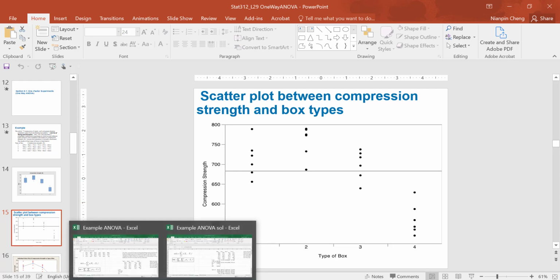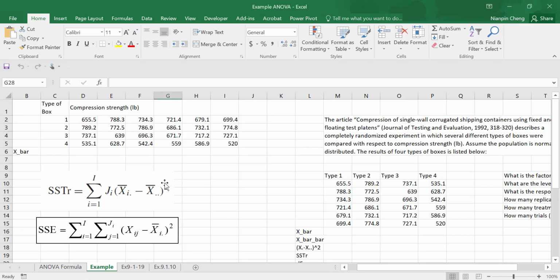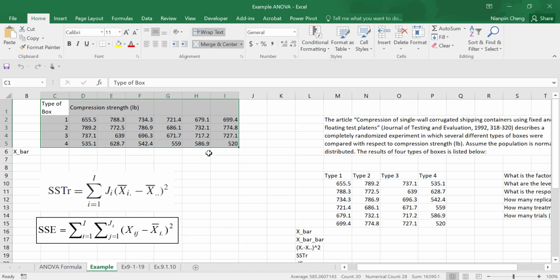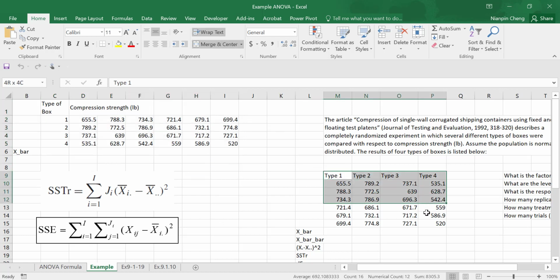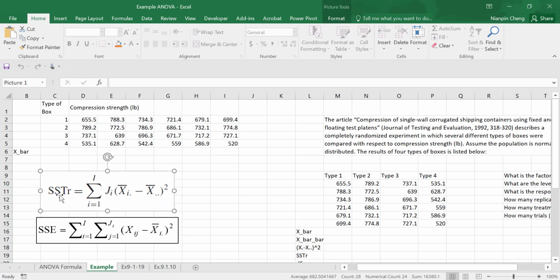So now we look at the data. This is the data, and we just transpose it like this here. Now what we are going to do, we need this part we call the sum of squares between the treatments. I would like to have the average of each group and compare it with the overall average.